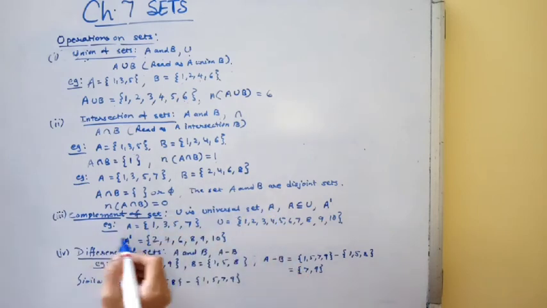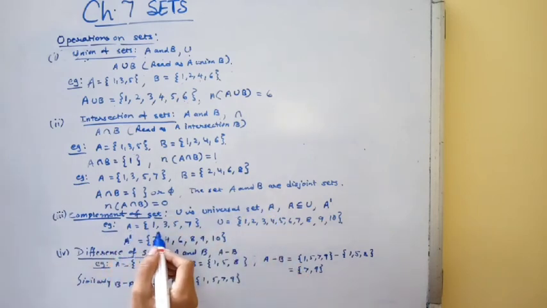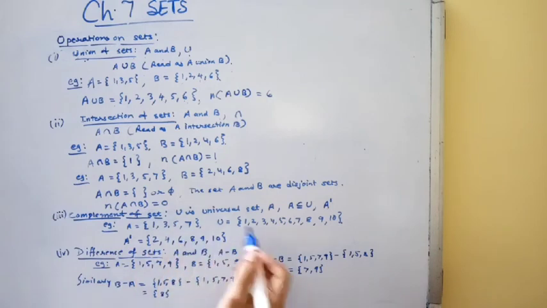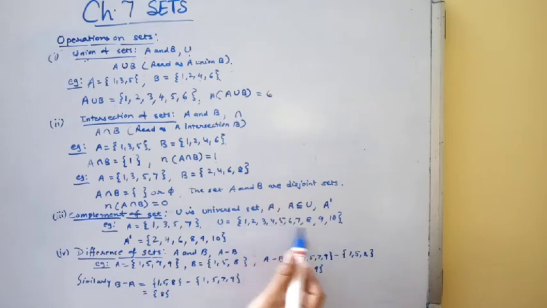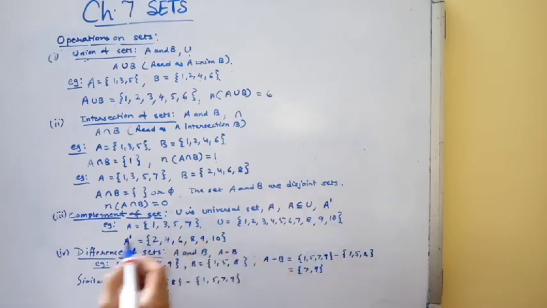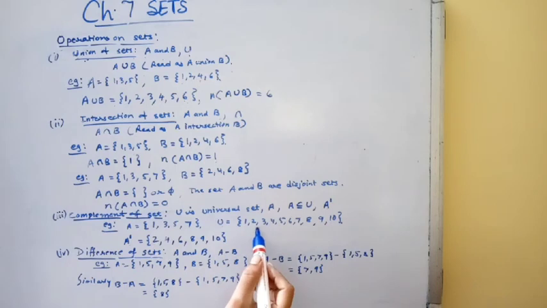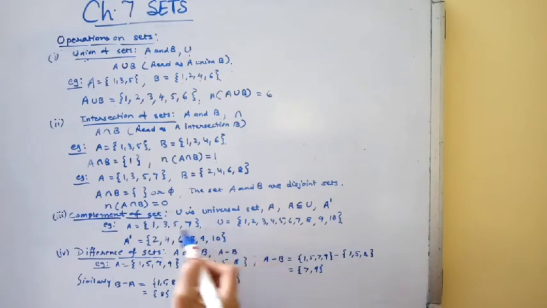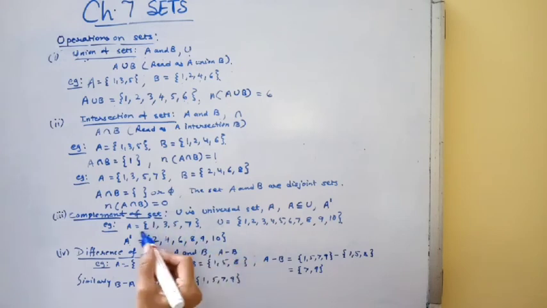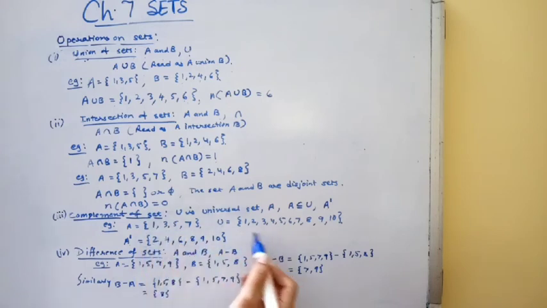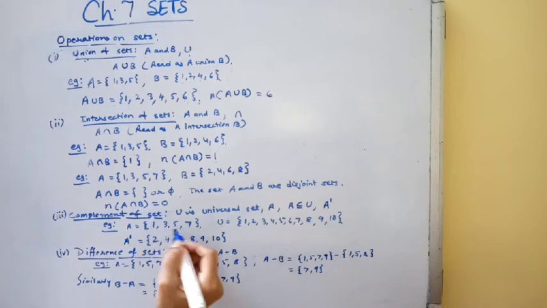Let us take one example. Set A contains elements 1, 3, 5, 7 and the universal set contains elements 1, 2, 3, 4 up to 10. Then A complement is the set of elements of U other than A. So we omit the elements of A from this set, that is 1, 3, 5, 7.